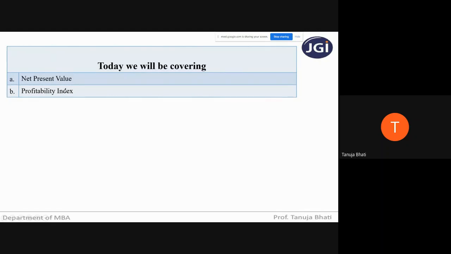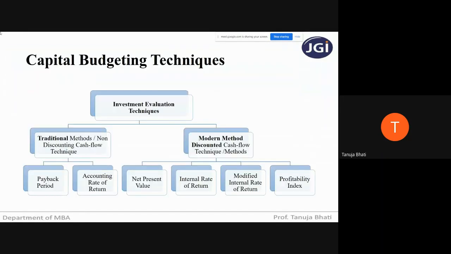These two again are techniques, methods which will help us to decide whether to go in for a particular investment or not. So it will help us in making the decision regarding a particular investment. So for capital budgeting techniques, we have two methods as you all already know, traditional method and modern method.